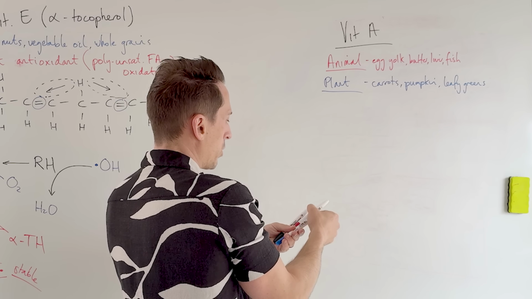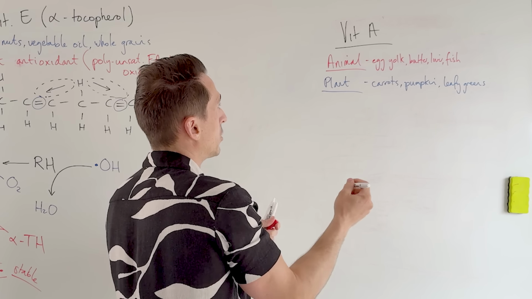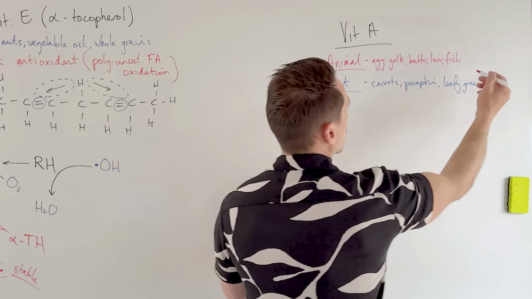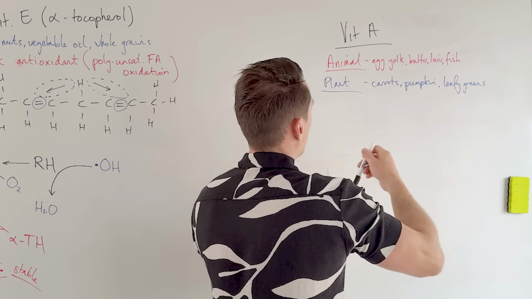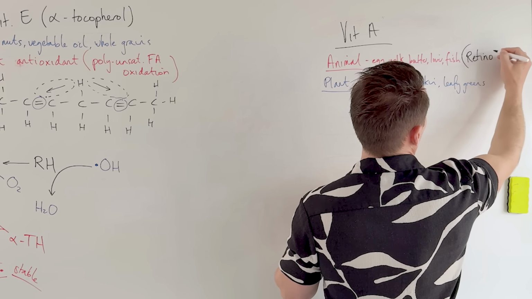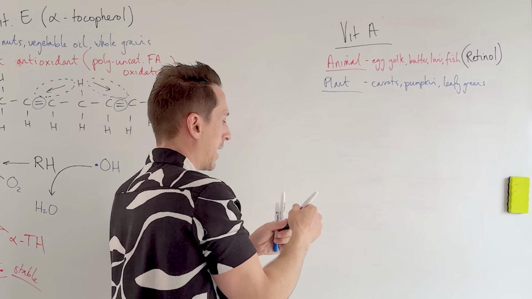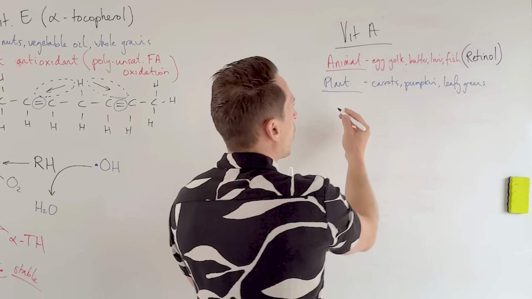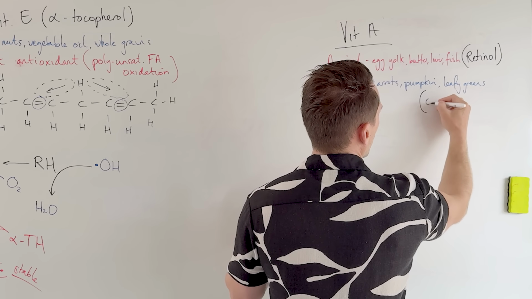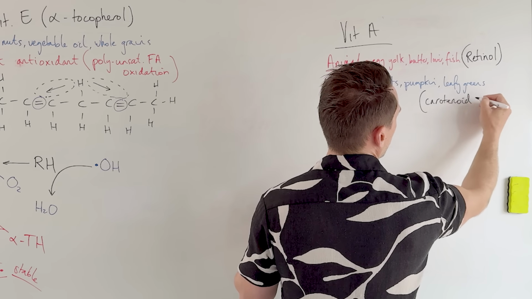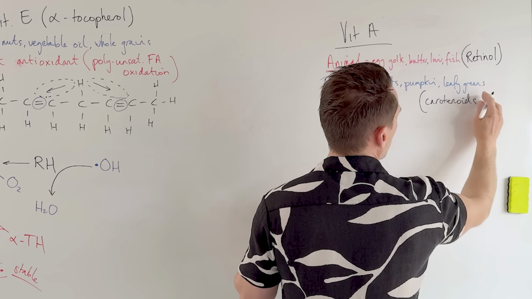So from the animal products, you get what's called retinol. Let's write it here. Retinol. Basically, it's ready to be used, retinol. The animal product's ready to be used. What we get from the plant is what we call the carotenoids. Often they're called the carotenoid pigments.